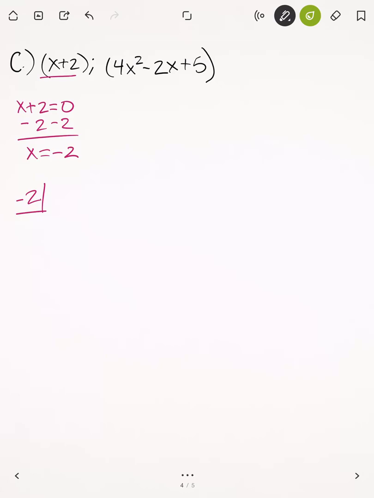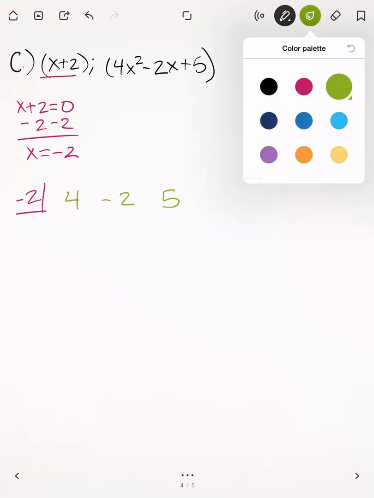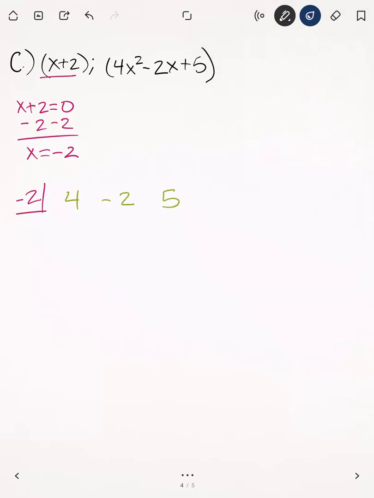Looking at it, I have an x squared, an x, and a constant. I'm good. I'm not missing anything. So I take the coefficients, and I now do synthetic division. Again, it's a quick process to do. So again, above we add, below we multiply. Drop down the first term. -2 times 4 is a -8.